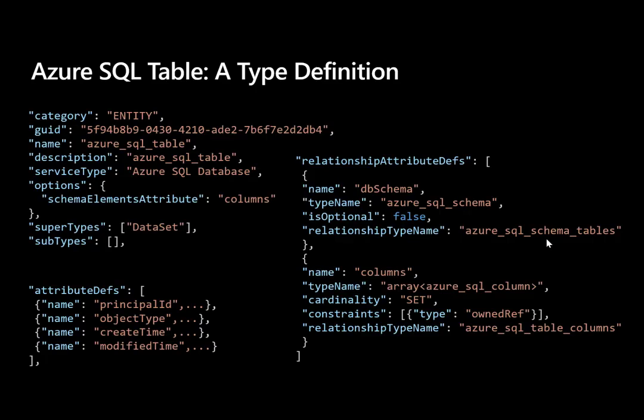There, in particular, this one schema elements attribute tells us what relationship attribute contains all of the schema that I want to work with. So again, what relationship attribute should I display in the Azure Purview UI? For the most part, all the built-in types have this defined as a columns relationship attribute.